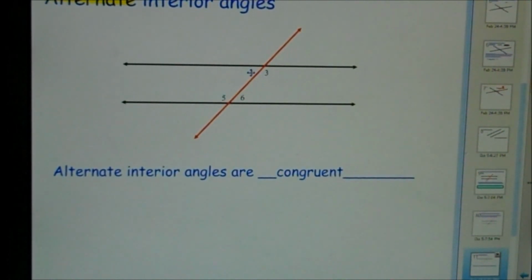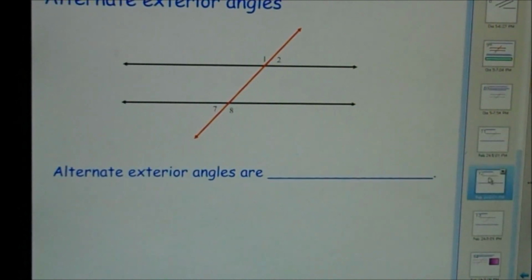That means that if I tell you that angle 4 is 50 degrees, then angle 6 is also going to be 50 degrees. And then we can figure out what angle 3 is based on the fact that 3 and 4 are supplementary. We can figure out what 5 is based on the fact that 3 and 5 are alternate interior angles. Okay, take a minute, draw yourself a diagram, make some notes on this.